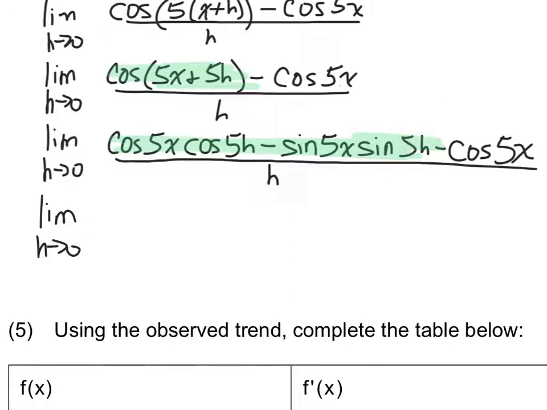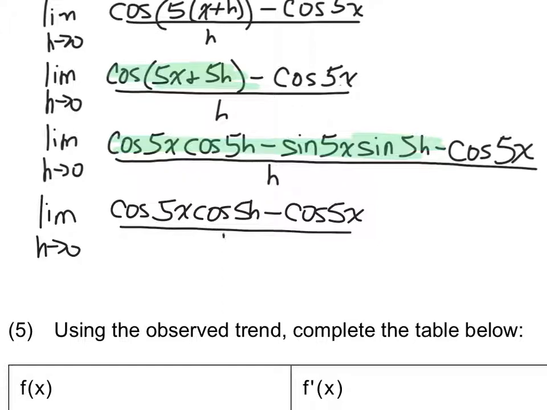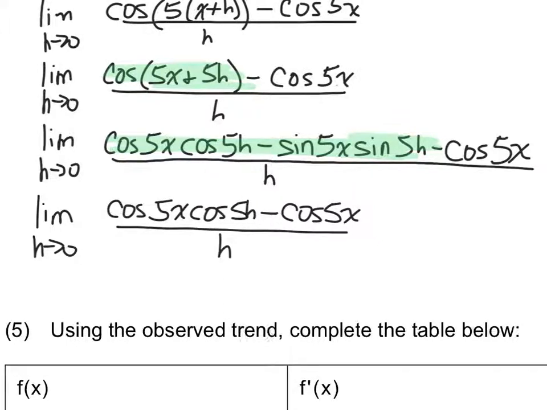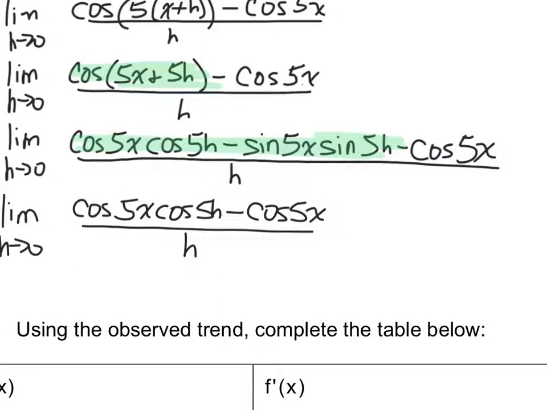I'm going to write it as cosine 5x cosine 5h minus cosine 5x all over h. All right, so I'm taking the first term and the last one and putting them together because those are the ones that have the common cosine 5x.